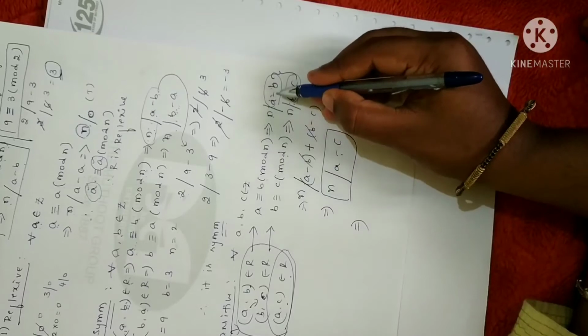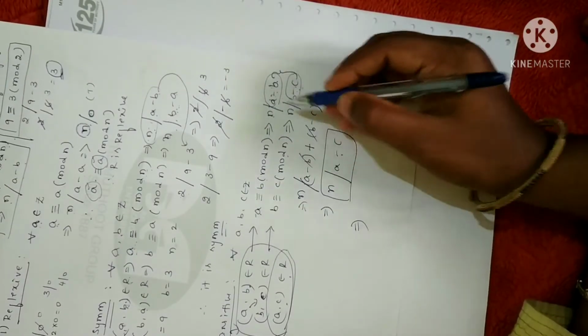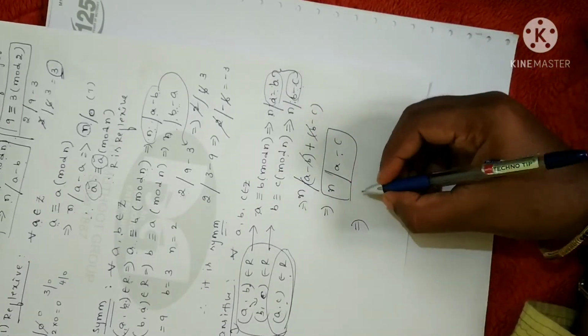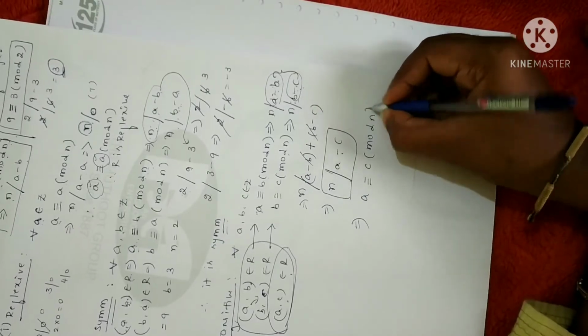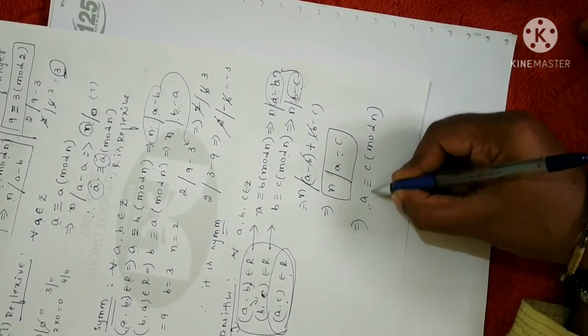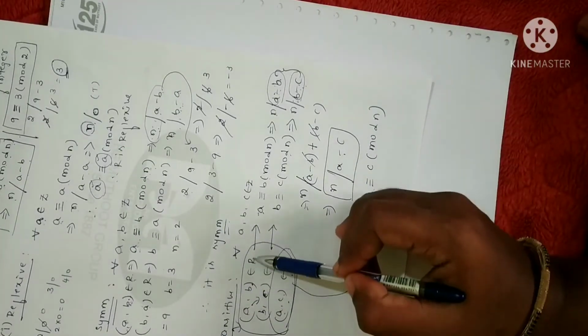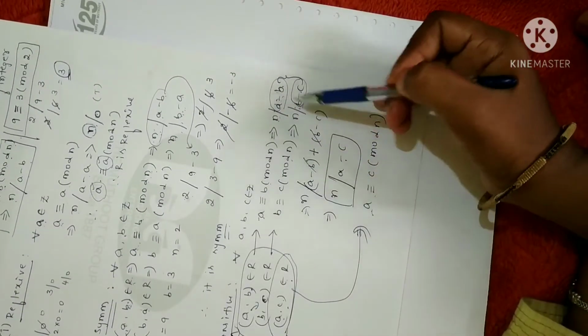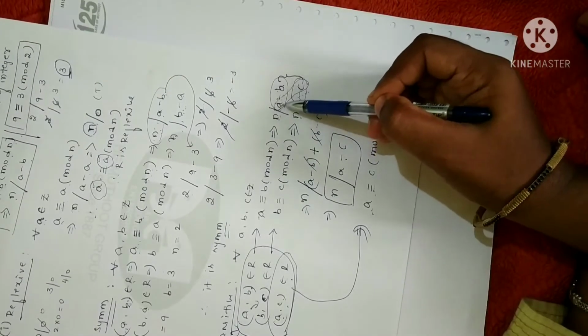So now let me put it in the standard form. When n divides A minus B, I can write A is congruent to B mod n. Similarly, when n divides A minus C, I can write A is congruent to C mod n. So the meaning is that AC is also in R. I have taken n divides A minus B and n divides B minus C, and I had to prove n divides A minus C as well.